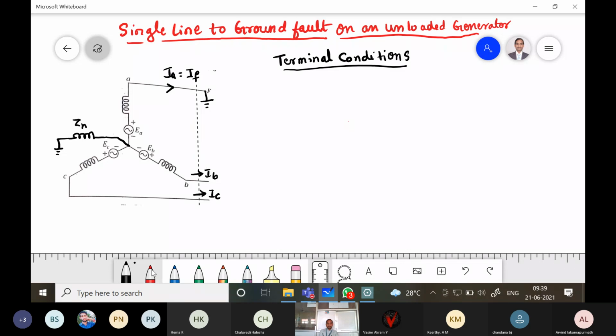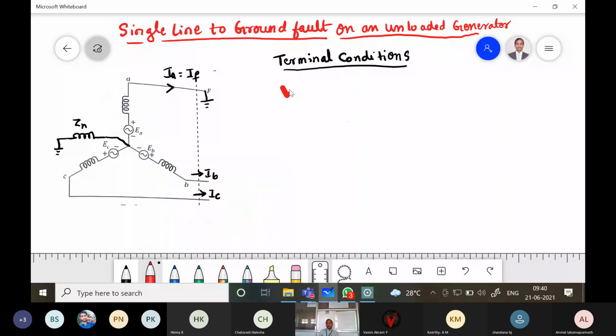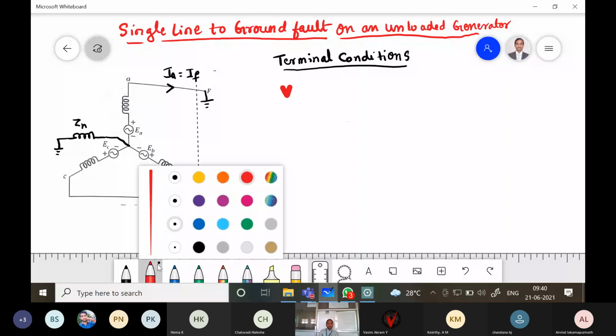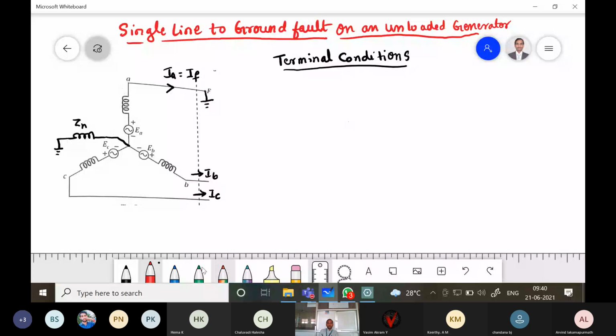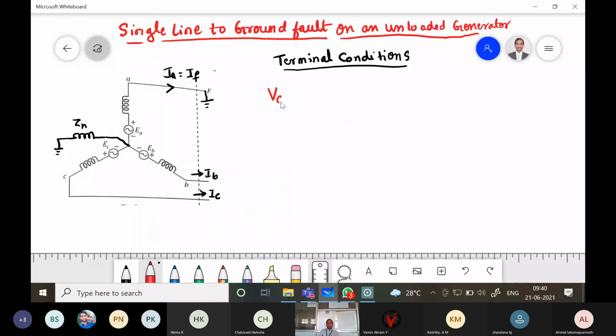So what are the terminal conditions? Under the single line to ground fault, whenever the fault occurs on a single phase, the voltage of that particular phase, VA, becomes 0.